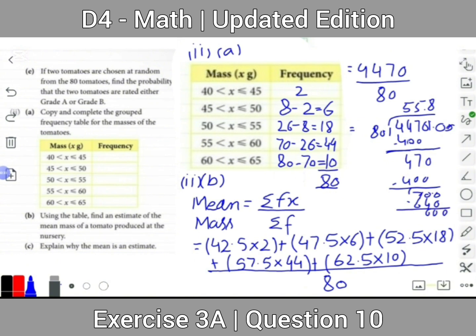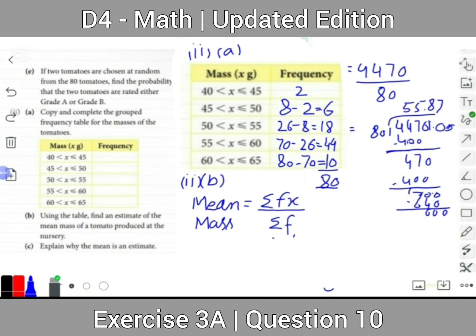Now 80 times 7 is 560. So here we have 400, and 80 times 5 is 400, and the division stops here.